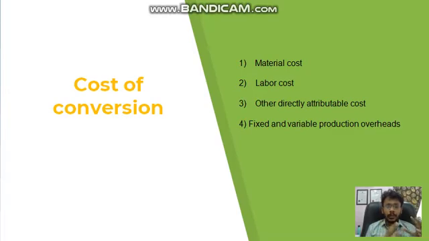So generally up to a certain level of production, your fixed production overheads will always remain the same. Say for example, your factory has a capacity of manufacturing 20,000 pairs of shoes and you are manufacturing only 15,000 pairs. Your fixed production overheads will remain the same for 15,000 pairs of shoes also, because your capacity is 20,000 pairs of shoes and your fixed production overheads are allocated based on your capacity.